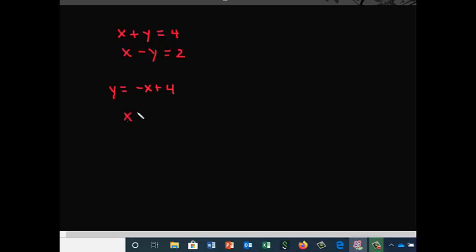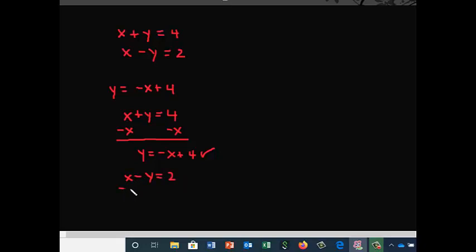If we have x plus y is equal to 4, I want to change this to slope-intercept form. That's to solve for y, isolate the variable y. We're going to get y is equal to negative x plus 4, or y is equal to 4 minus x, either one. So that is one. Now let's do this one. x minus y is equal to 2, right?